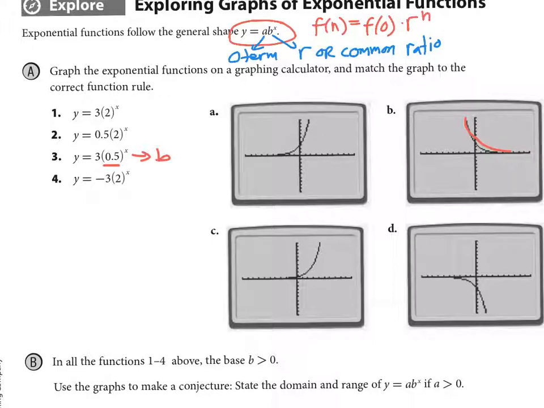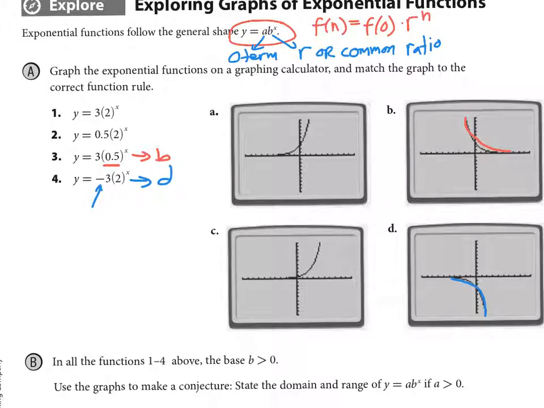Another one we can look at easily would be d. D is going down across the x-axis. In other words, it's a negative. Remember when we did transformations, if you multiply by a negative, it flips it over the x-axis. So that means this one would be d because it's multiplied by that negative.